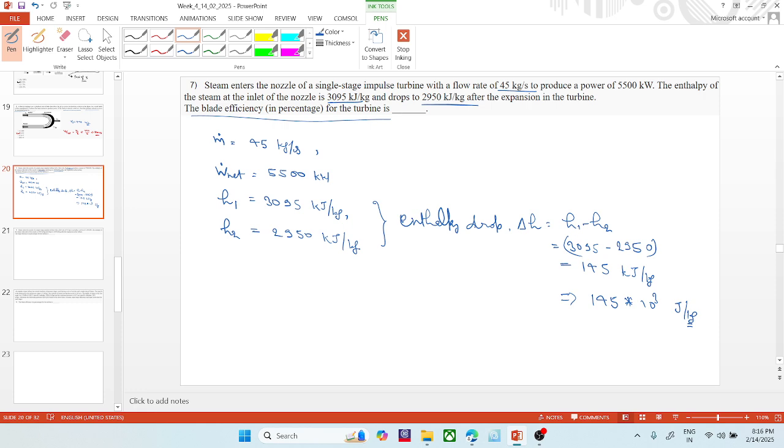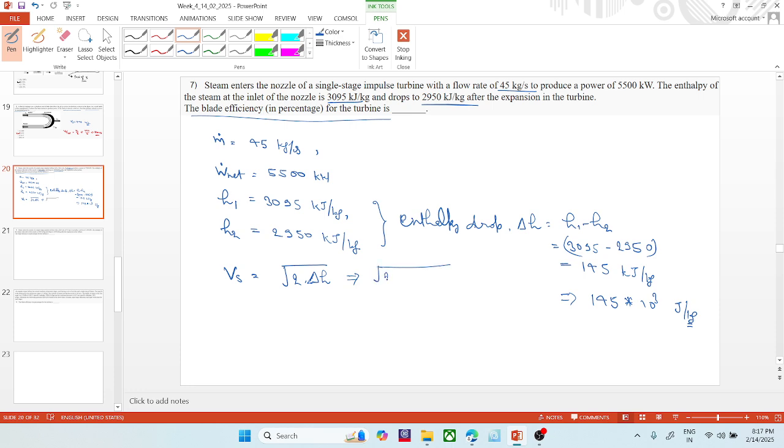So with the help of this, we can determine the nozzle velocity. We have the expression Vs would be under root 2 into delta H. This is nothing but the energy conversion, kinetic energy to enthalpy.